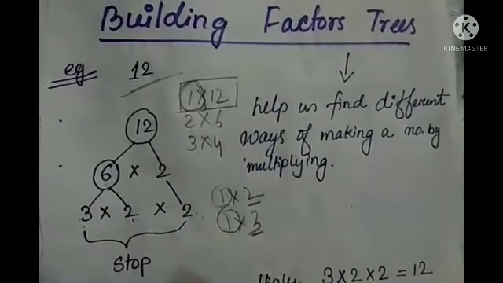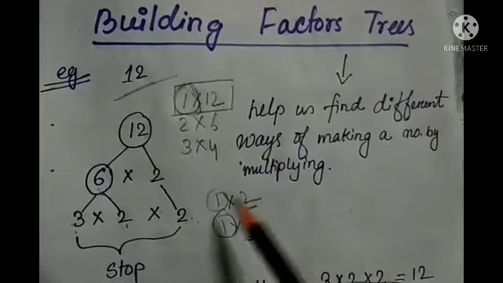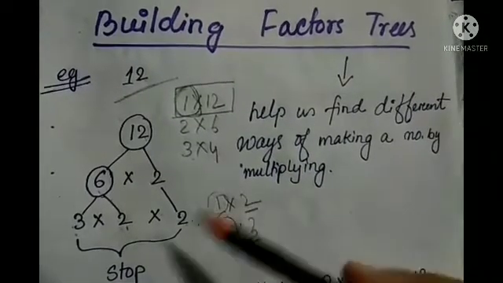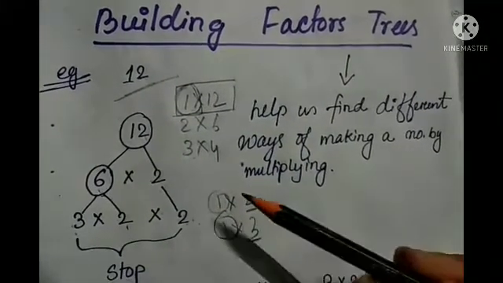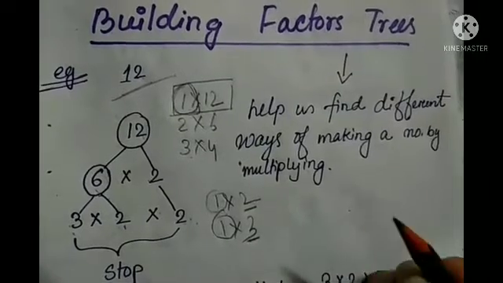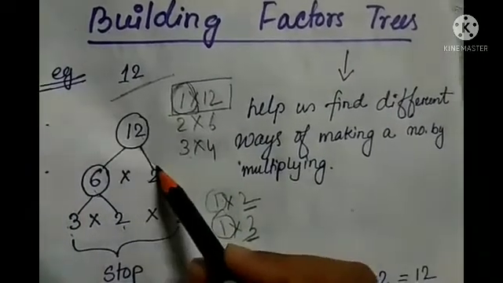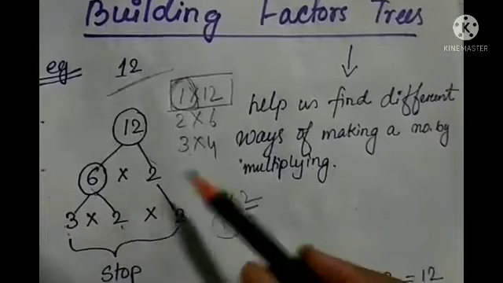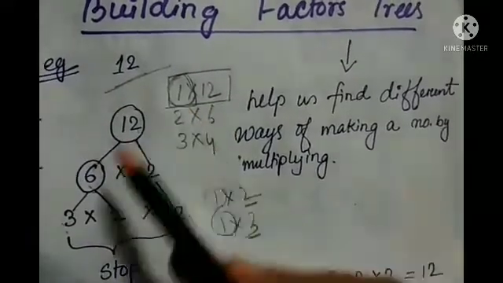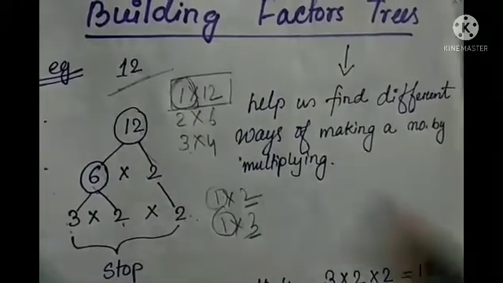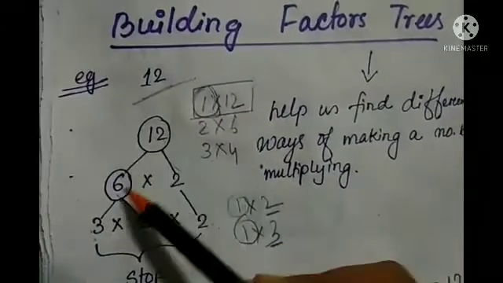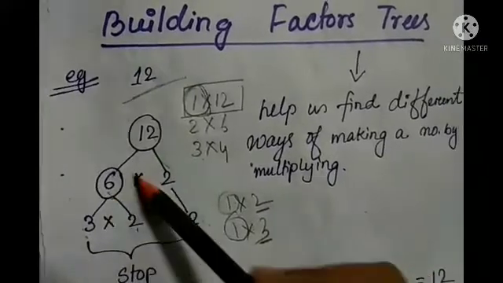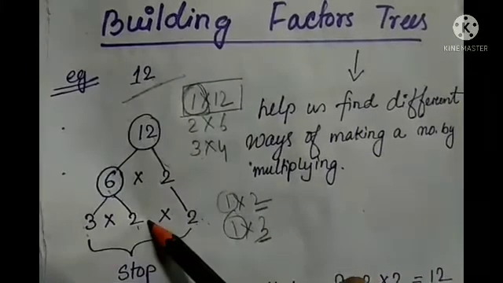That means the first step is you have to make a factor tree and give it as many branches as possible. These are the branches of the factor tree as possibilities. Now the circled number can be further broken up. So 12 is broken up into 6 into 2, and 6 is broken up into 3 into 2.